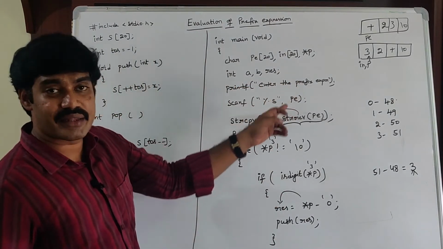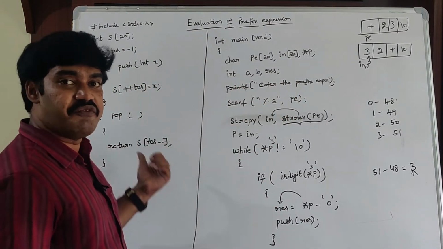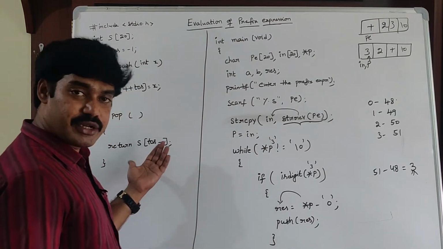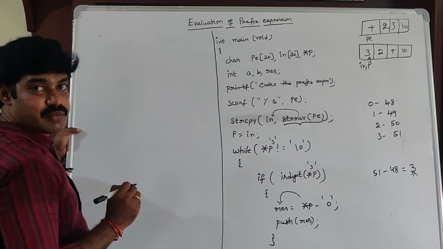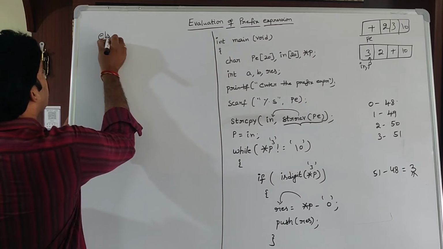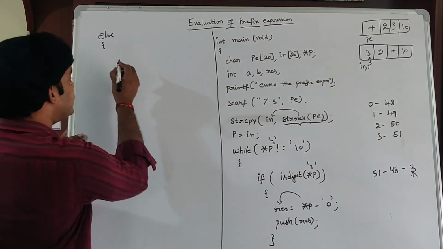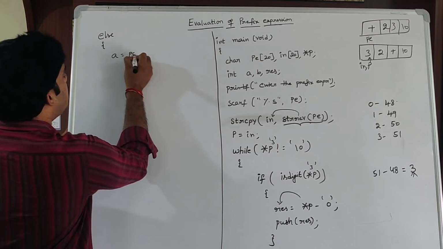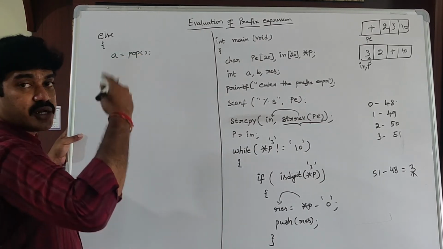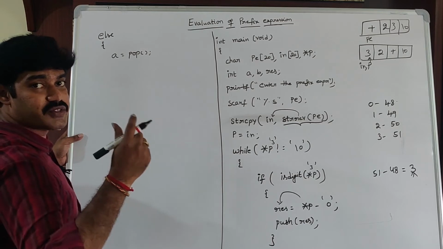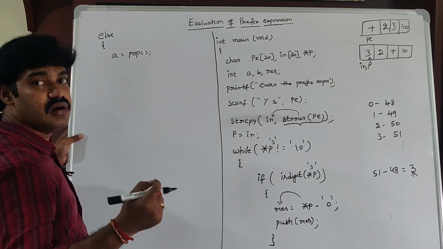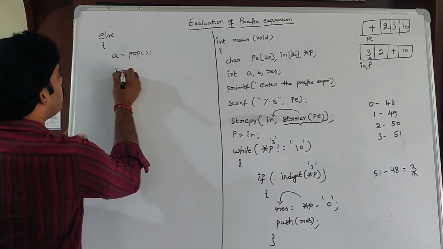If it is an operand, then push into the stack. If it is an operator, coming to the else block. Else block means if it is an operator, then pop the topmost two elements. So a equals to pop. Which element is popped out? Topmost element. Why? Because the principle of stack data structure is last in, first out. b equals to pop.